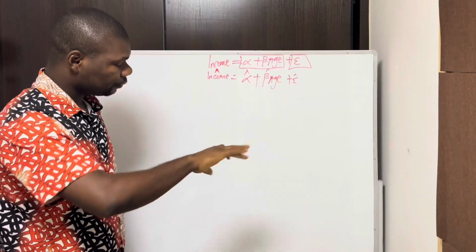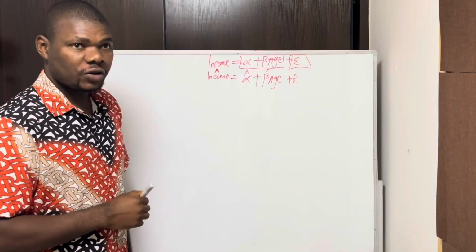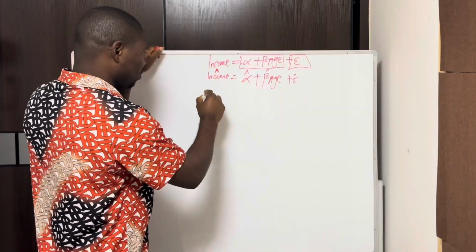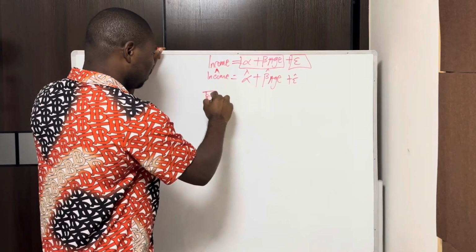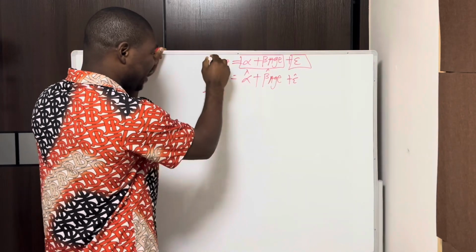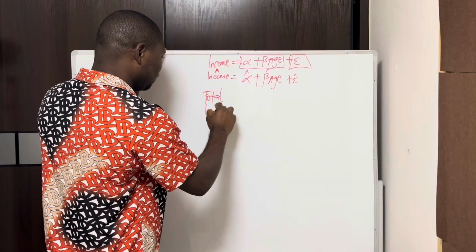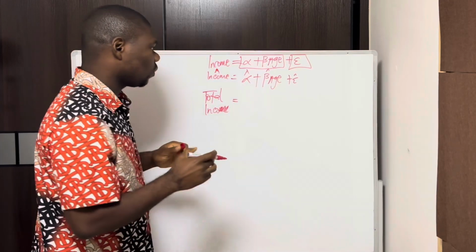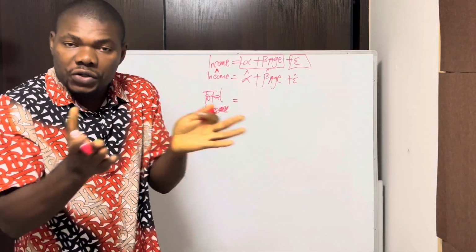So the point I'm trying to make is that the total change in income is something that we can decompose into two.